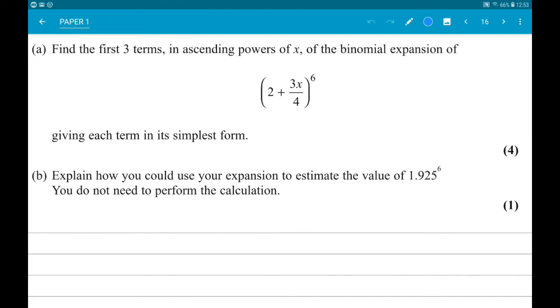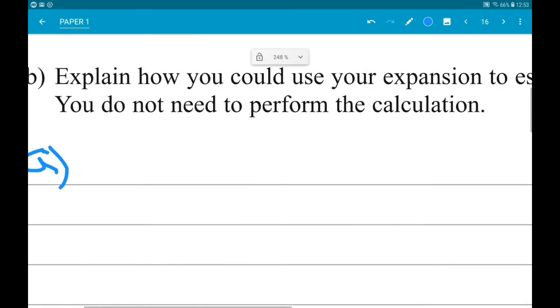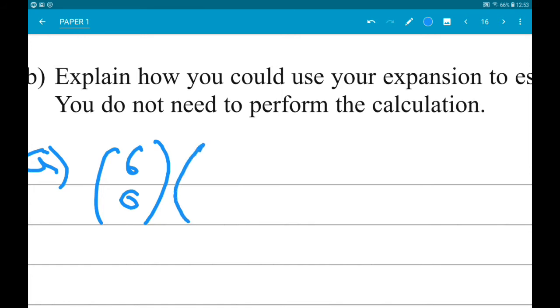Okay, so we're going to have, first term, 6 choose 0 times 2 to the power 6 times (3x/4) to the power 0.